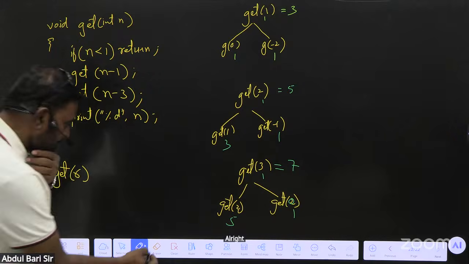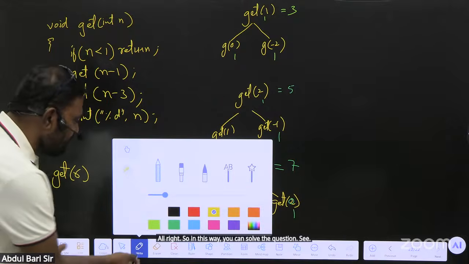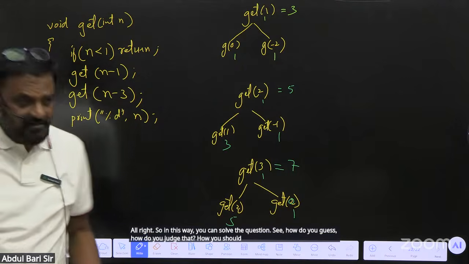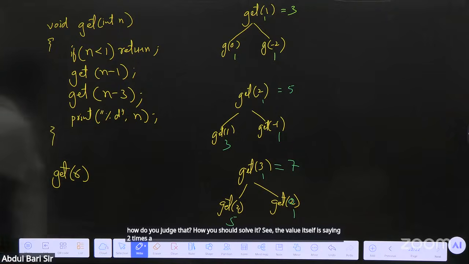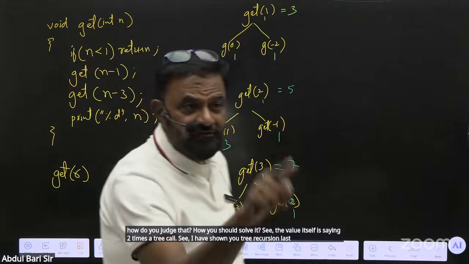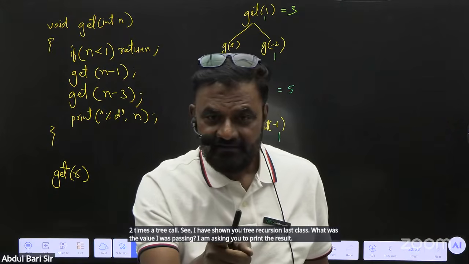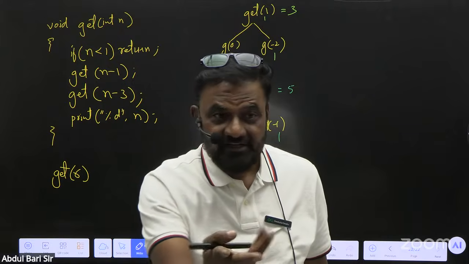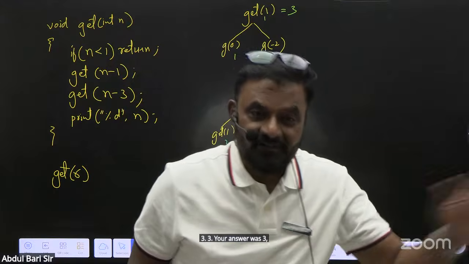All right. So in this way, you can solve the question. See, how do you judge how you should solve it? The value itself is saying two recursive calls, a tree call. I have shown you tree recursion last class. What was the value I was passing? I asked you to print the result. Your answer was 3, 2, 1, 1, 2, 1, 1, something like this.